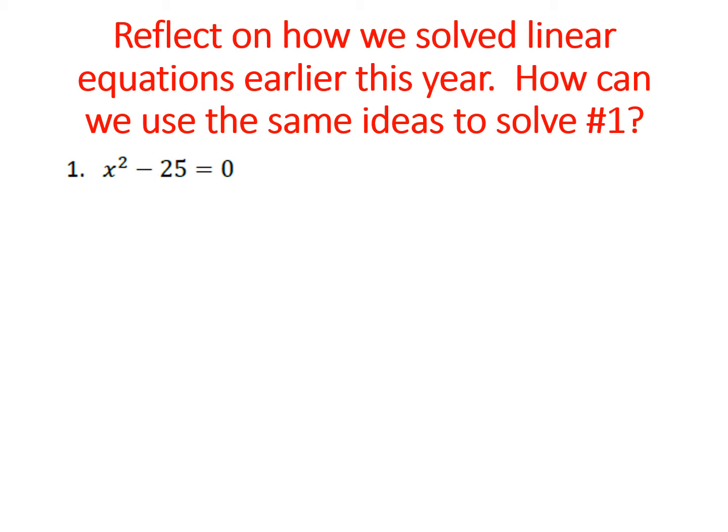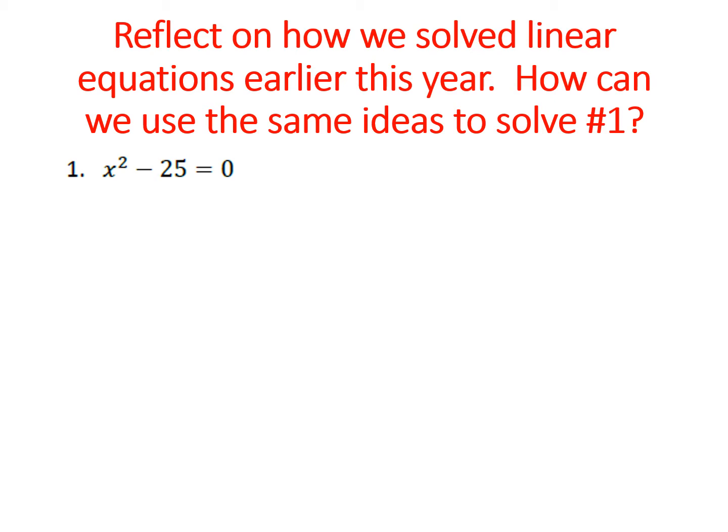We're going to start off trying to make some connections to how we solved equations back in our linear unit. And remember, our plan or our process was to get x by itself. In question number 1, we have x squared minus 25 equals 0. If we ask ourselves, and you may remember me always saying, let's play the game: what's happening to x?